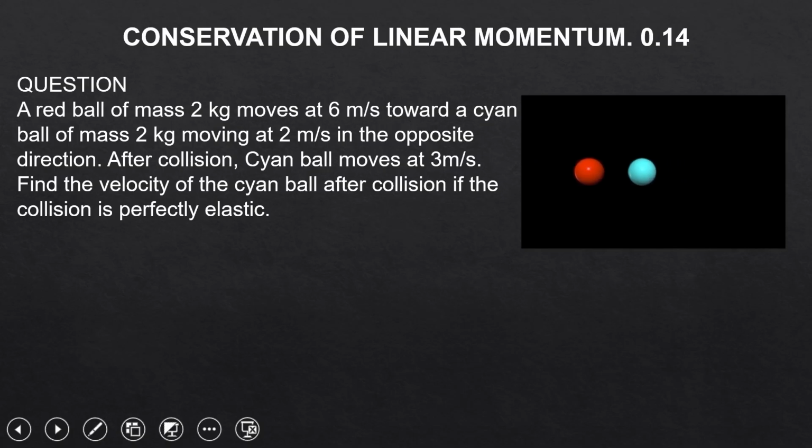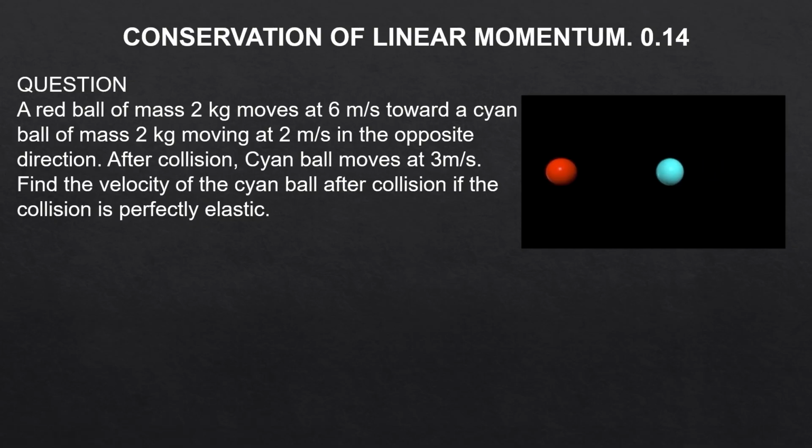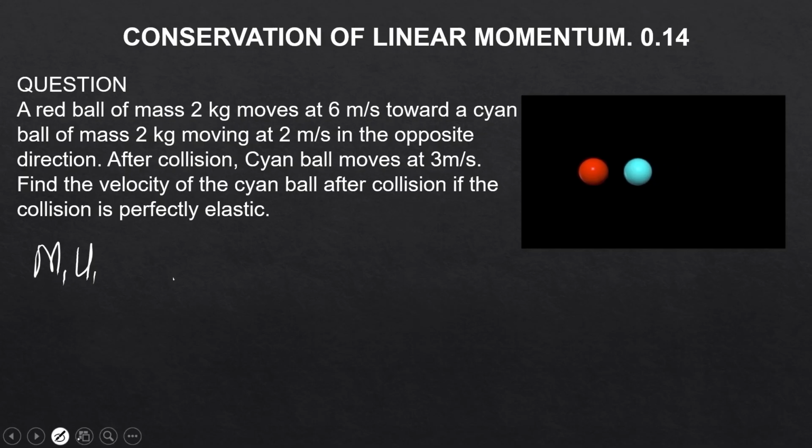Now, under this part, let's use this question to fully understand what we mean by before collision and after collision. Now, let's start. We have a mass m1 and the velocity of that same mass. For example, the red ball has mass and velocity. According to this question, the mass is 2.